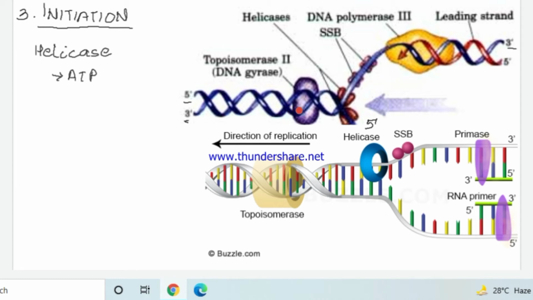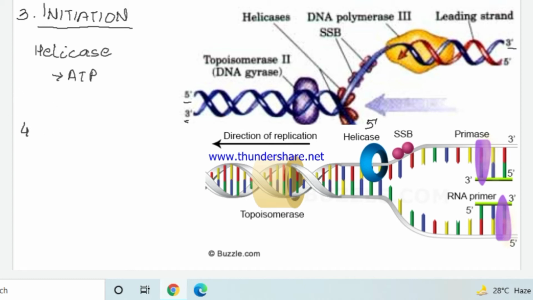So, what has happened in the initiation step? The origin recognition complex is formed, which attracts the enzyme helicase. It unwinds the 2 strands, and SSB protein stabilizes the 2 unwound strands. Topoisomerase 2, or DNA gyrase, relieves the tension formed due to the unwinding. So, this happens in the initiation step.